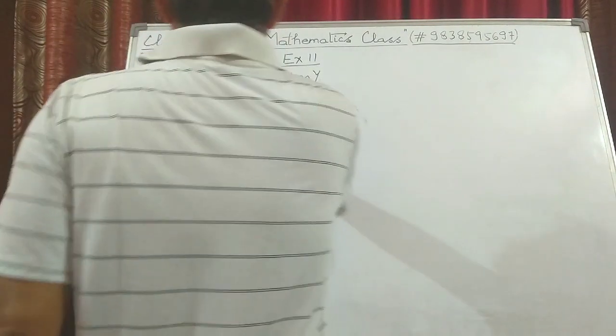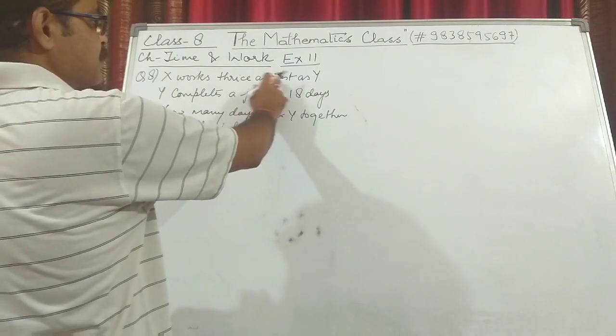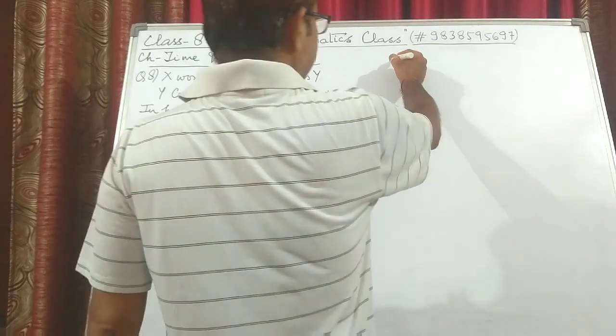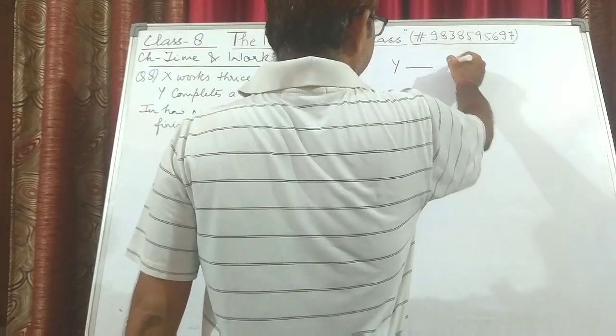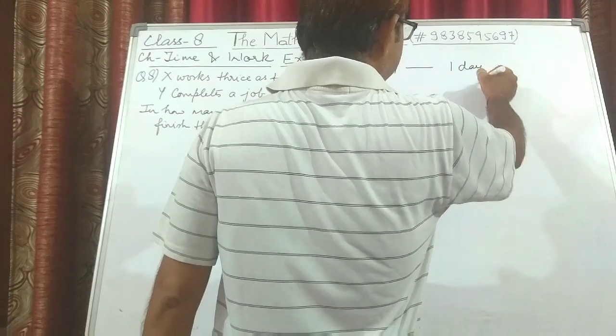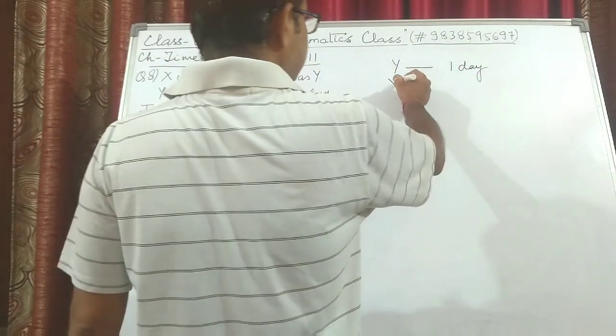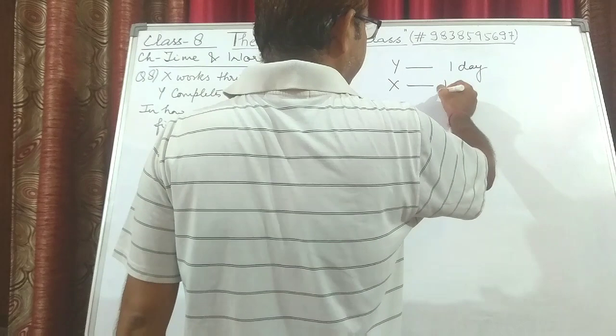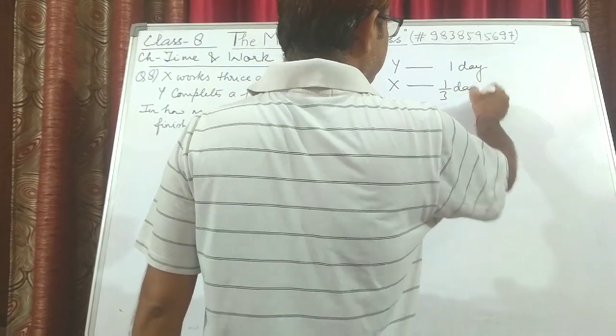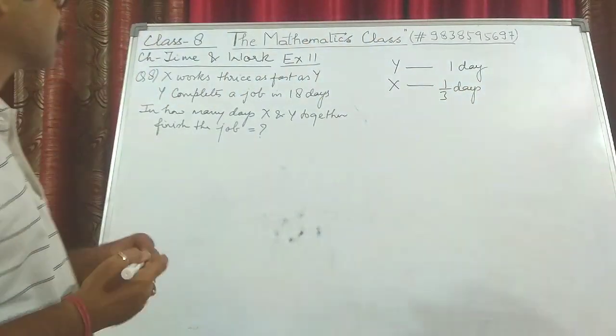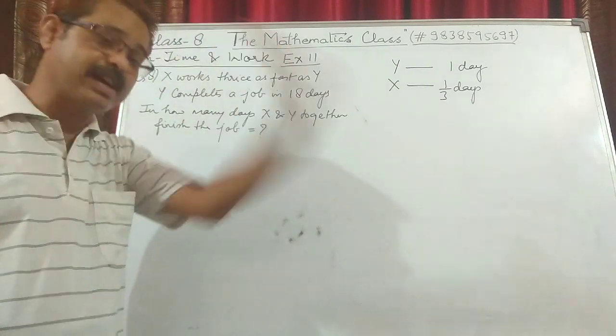They say X works thrice as fast as Y. Suppose Y finishes a job in 1 day, then X will take how much time? 1/3 of it, 1/3 day, because X is 3 times faster.